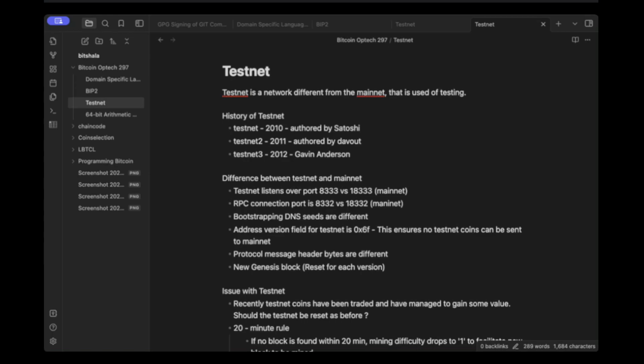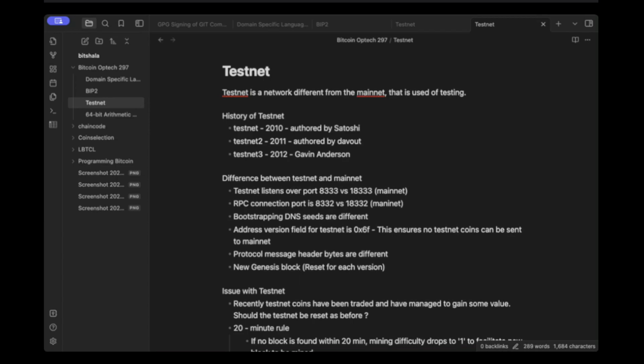You can create a wallet and a receiving address in Core, put your testnet address into the faucet, and the faucet will send you some testnet coins.